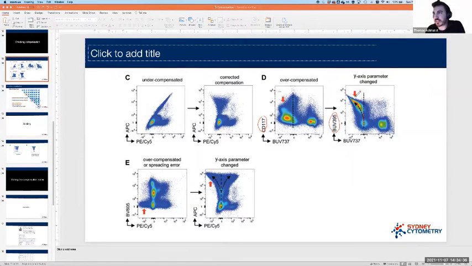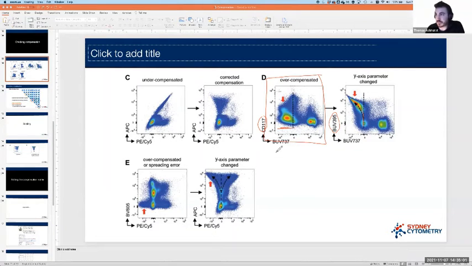And so this is where it gets a little bit complicated. Undercompensation is easy to miss because you're not necessarily going to see this pattern if you're just looking around in your data. Whereas in this case, you may see it in multiple channels, but you don't know what the offending fluorophore is. If we saw this with BB421, BB421 isn't the bad guy. It just happens to be the plot which showed these guys were all super negative.